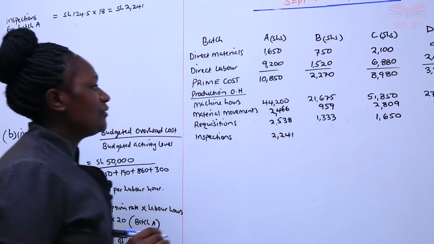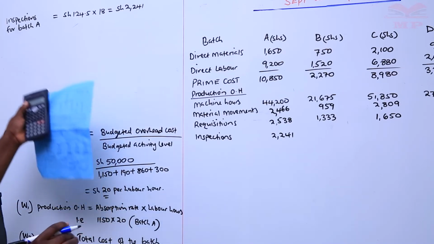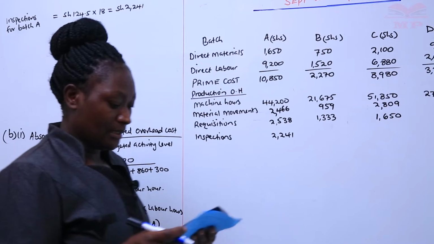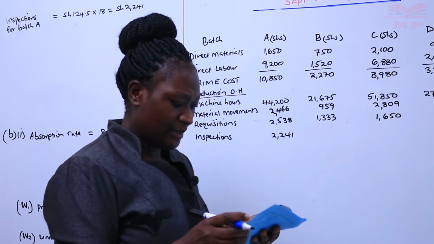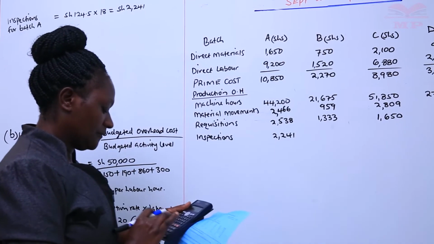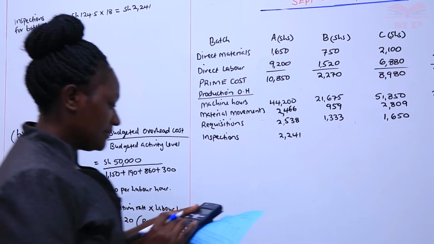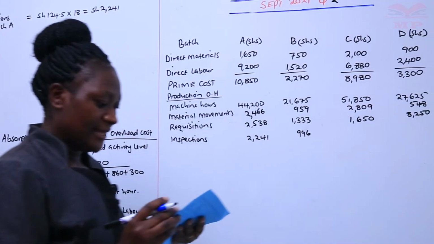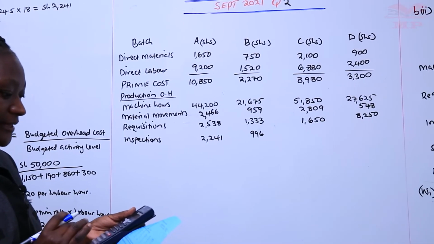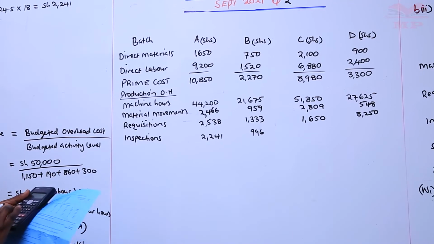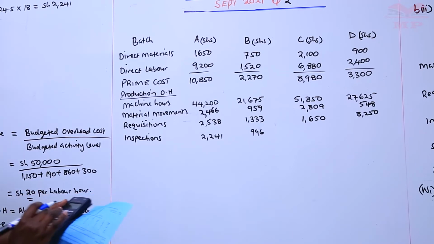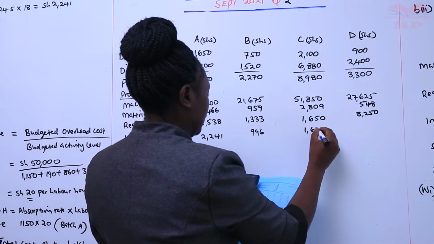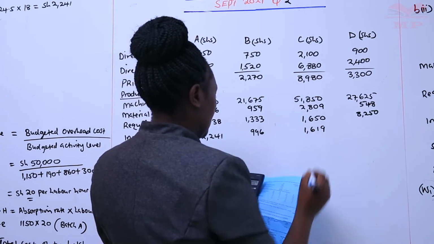Then you do the same for batch B. The cost driver rate is still 124.5, but the inspections for batch B were 8. So 124.5 times 8 will give us 996. And then for C, the inspections are 13. So 124.5 times 13 will give us 1,619.